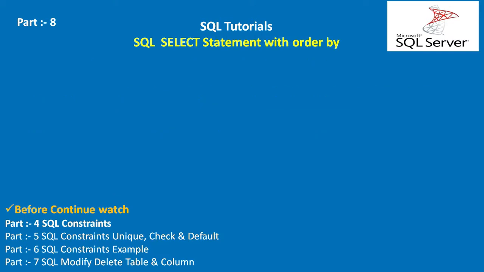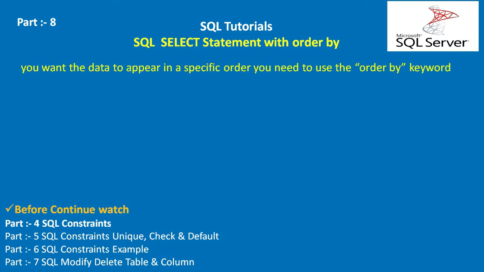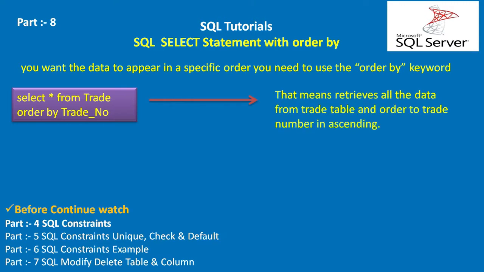Now the select statement with order by. So what is order by? You may sort by several columns in a table. If you want data to appear in a specific order, you need to use the order by keyword, and here is a sentence for using it.